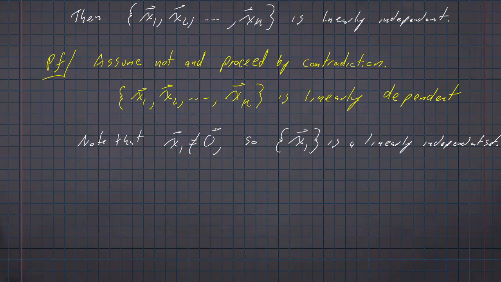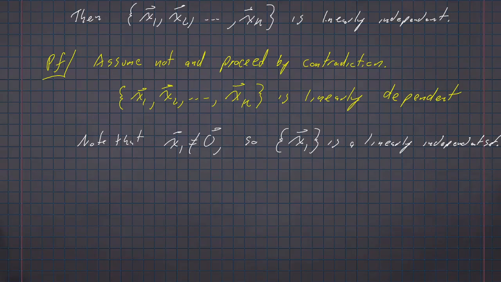The way that this proof is going to work is that there must be a boundary where we go from linearly independent to linearly dependent, if it is the case that these vectors are linearly dependent. Because if we had just one vector, we would have a linearly independent set, unless that vector was the zero vector.